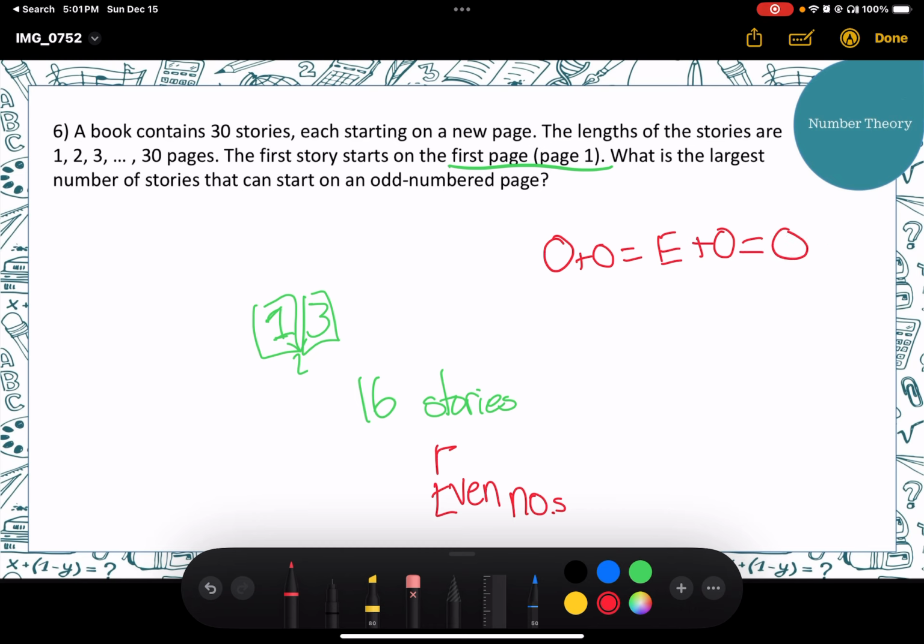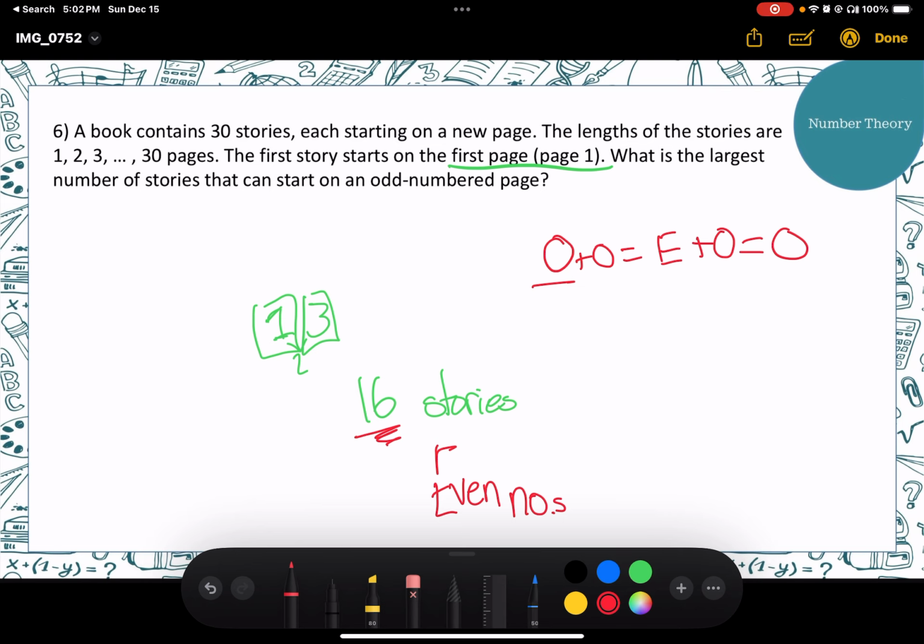So when this starts on an odd, and you use the even numbers, every number results in it. So the reason we have 16 here is because the first one starts on an odd, and then the first story's length results in the second story starting on an odd number. And I feel like this doesn't make sense, but in my head it does. Oh, that's a horrible excuse.